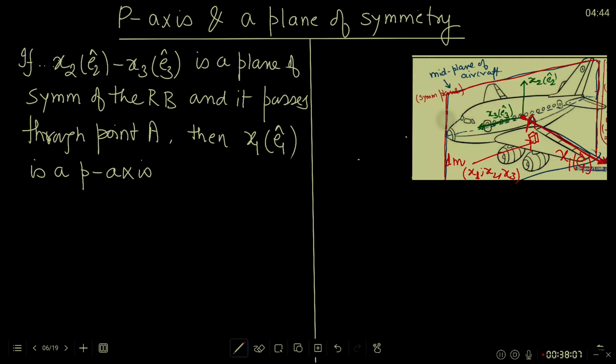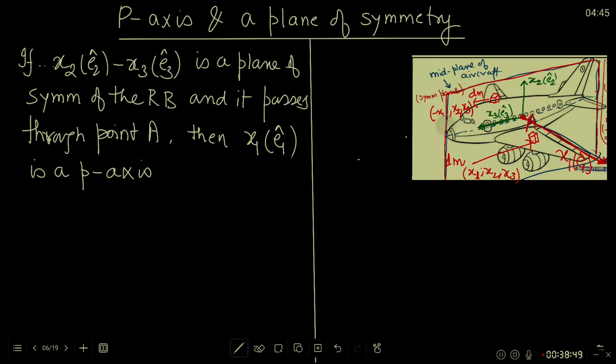For every dm with coordinates x1, x2, x3, it is guaranteed that you can find another dm which will have coordinates minus x1, x2, x3. Why? Because I have shown you the plane of symmetry. There has to be a small chunk of mass with minus x1, x2 and x3 as coordinates.